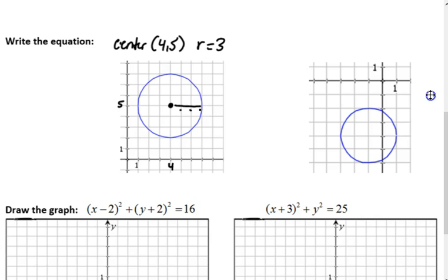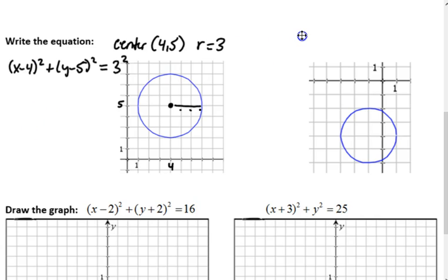So I would write the equation as x minus 4 squared plus y minus 5 squared is equal to 3 squared, or 9. Notice I'm subtracting the coordinates of the center from x and y. So whatever makes each parenthesis equal to 0 is the value of the center. When I make x 4 and y 5, that would make both of these 0. That would give me the center.